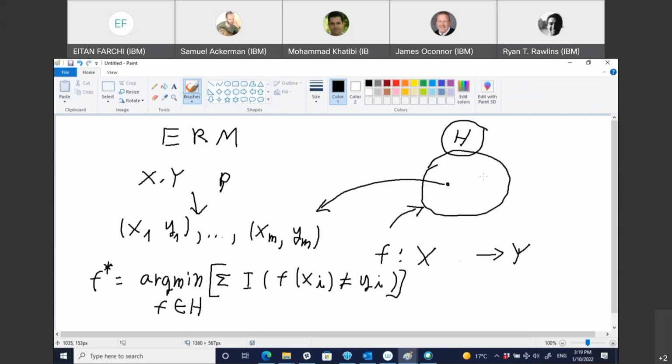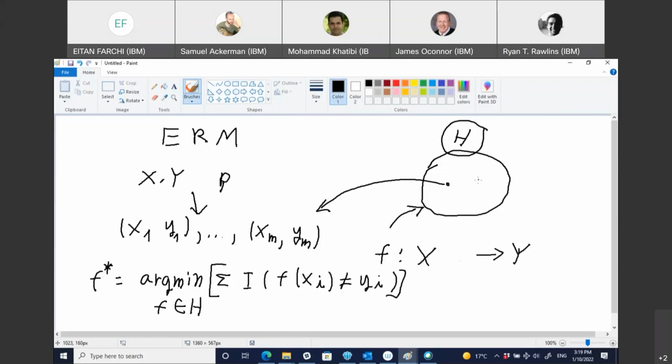Right. F is one of the classifiers in H. H could be random forests with different settings, and F could be one of the random forests. Yeah, exactly.